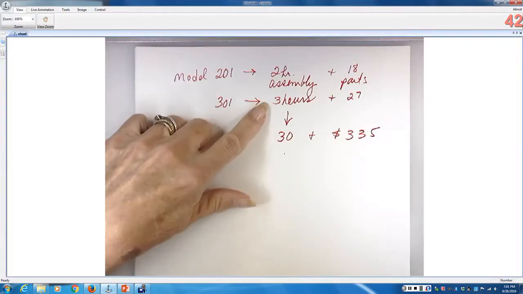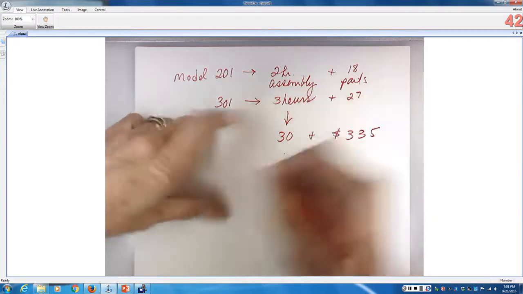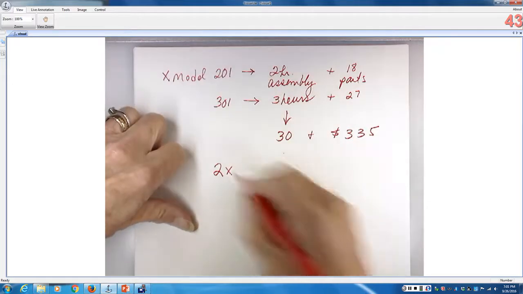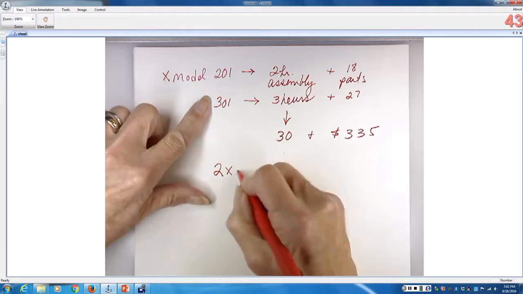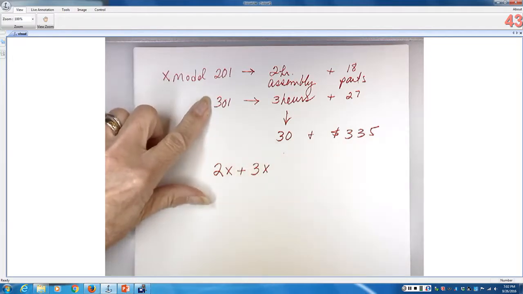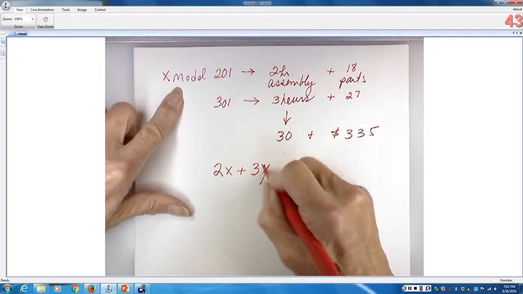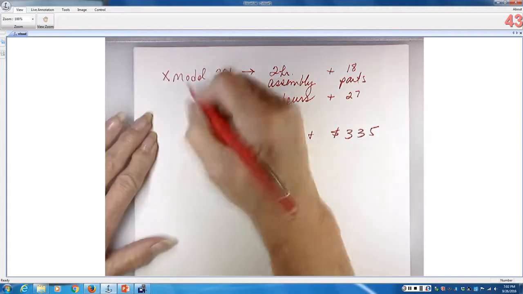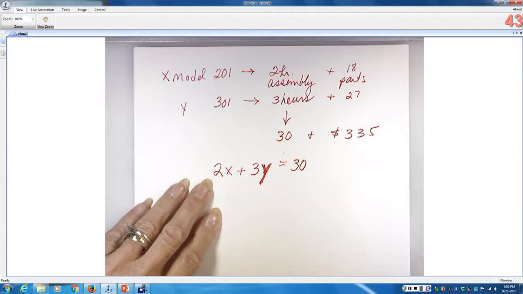So the first equation we have is going to be about the time. Okay, that's your assembly hours. So 2 times, we're going to call this one X. 2 times X is the assembly time for Model 201, plus 3 times Y is the assembly time for Model 301, because those assembly times are going to be different. So this is Y. And that's going to equal 34.